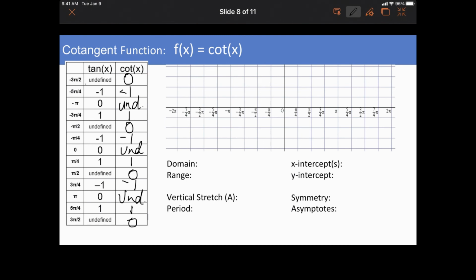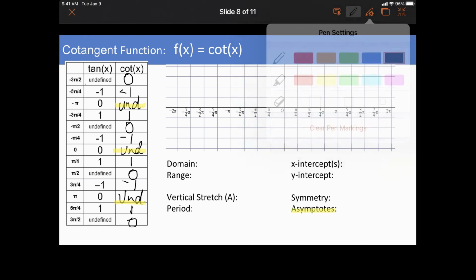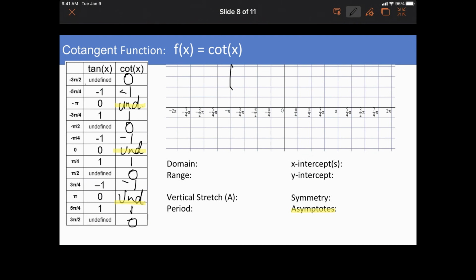Now for this one, I'm not going to draw a tangent. I'm going to go straight to cotangent. So I can see that my asymptotes are here. So it's at 0, at -pi and then pi.